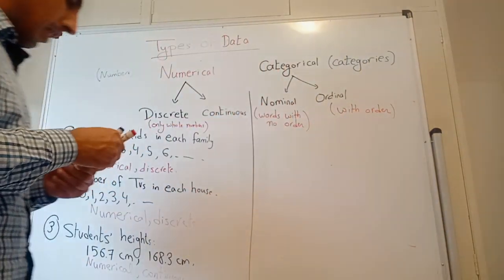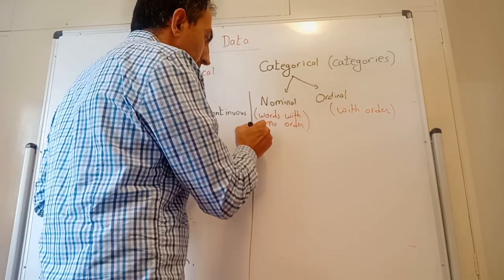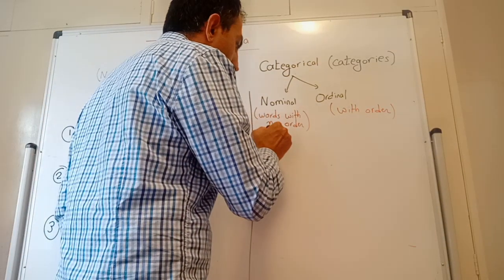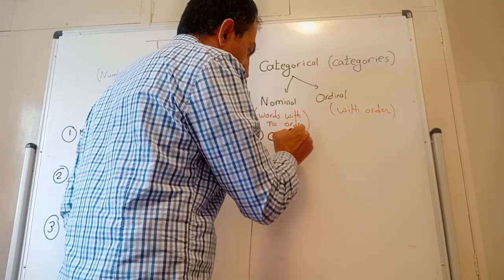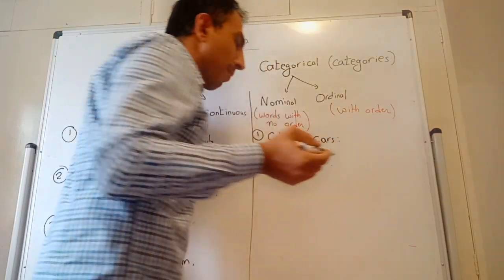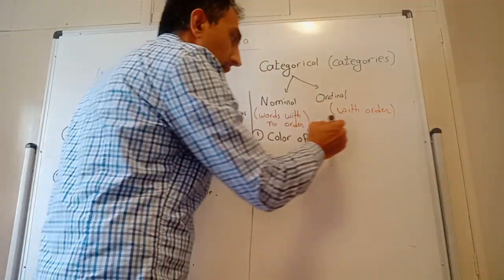Now, let's take some examples. Number 1, if I talk about colors or color of cars, they can be red, black, white, blue, whatever you want to have.